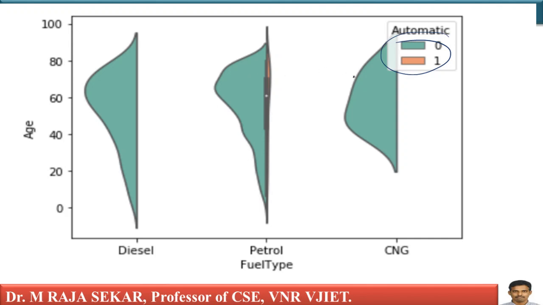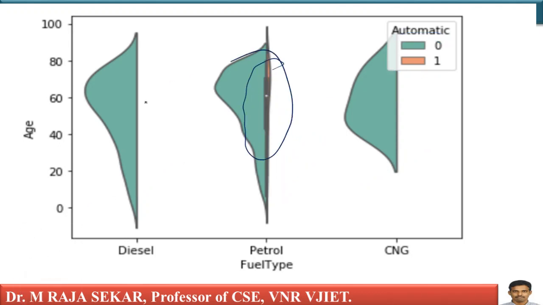But you don't have automatic gearbox cars in diesel fuel and CNG fuel, but you have a few cars with automatic gearbox. What is this one? This one is box plot only. Just see here, a white dot which indicates median, isn't it?